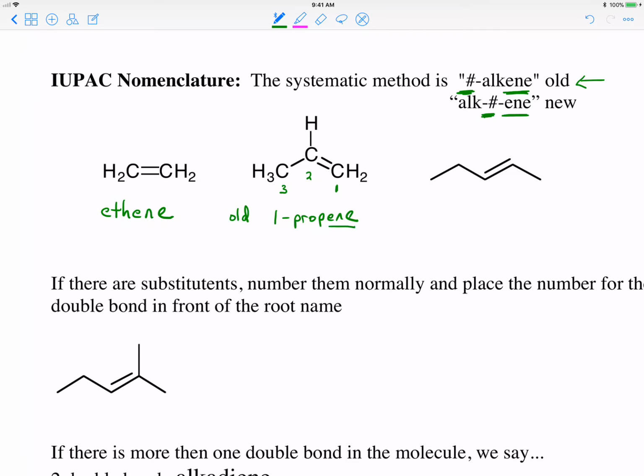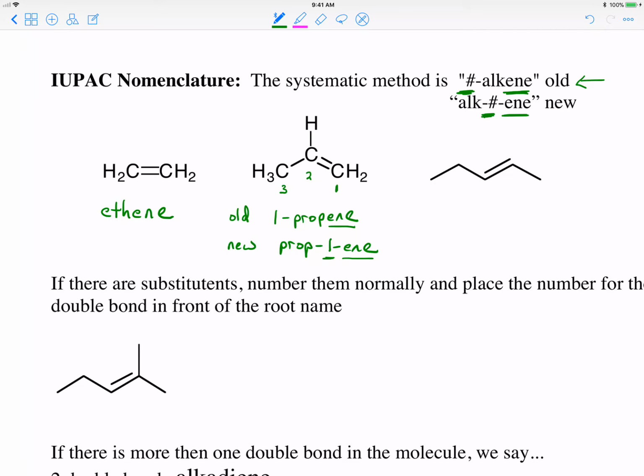So we drop the ANE and add the ENE. The new way of doing it is saying prop hyphen 1 ene. The new way is because if you have multiple groups in there, you're putting your number right before what that group is. That way, if you have alcohols and double bonds, you know exactly the number for the alcohol is right before the alcohol, the number for the double bond is right before the double bond.